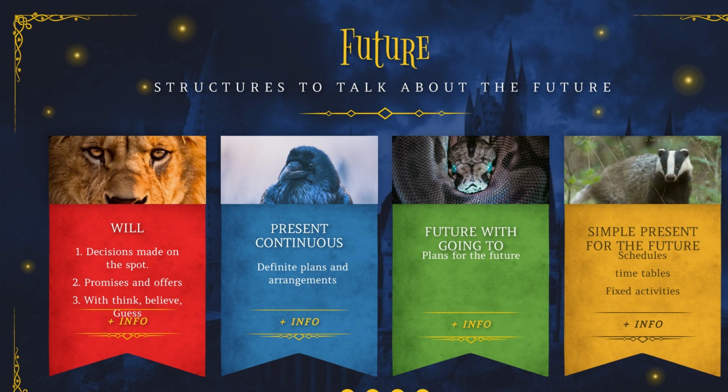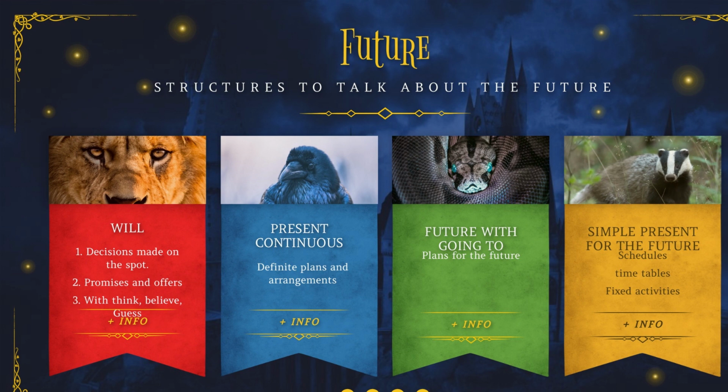So, for example, when we use will, we are talking about decisions made on the spot, promises and offers. And we can also use will when we are using the expressions I think, I believe, or I guess.